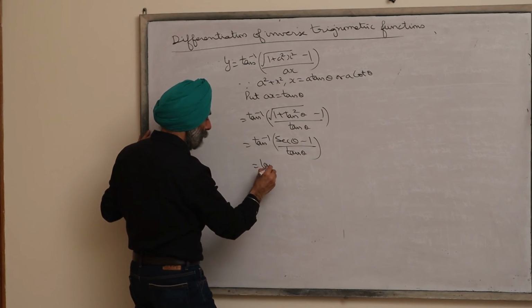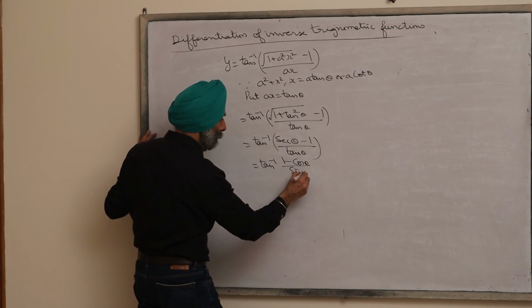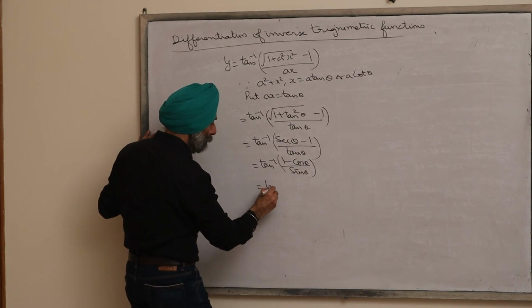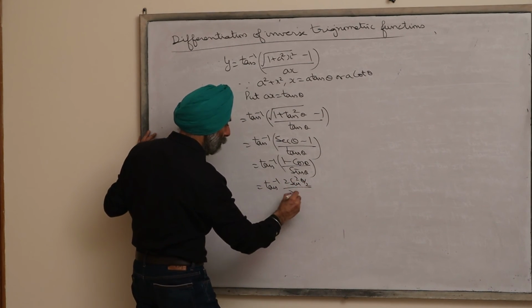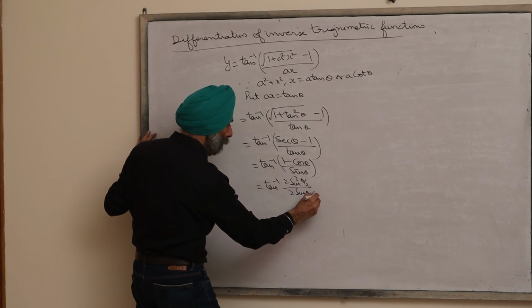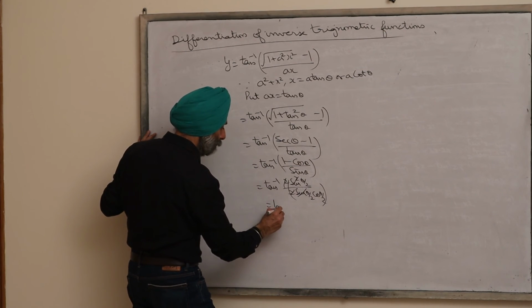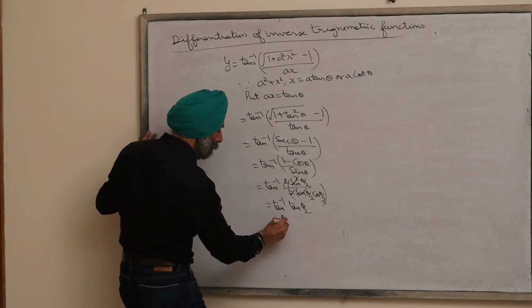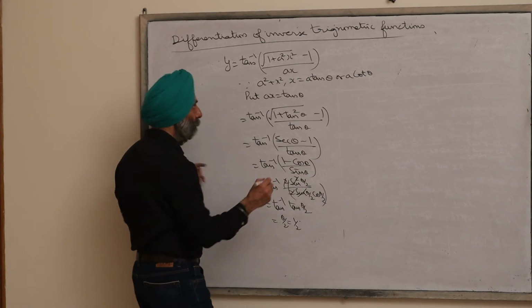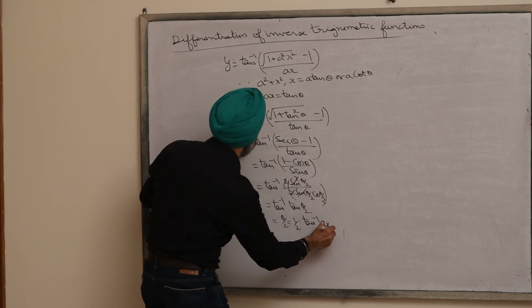It is tan inverse of (1 minus cos theta) upon sin theta, which is tan inverse of 2 sin square theta by 2 upon 2 sin theta by 2 into cos theta by 2. So this is tan inverse of tan theta by 2, which is theta by 2, which is half of theta, and from here theta is tan inverse of ax.